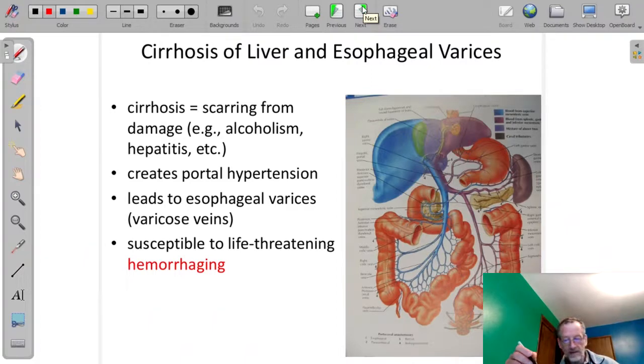so I want to spend some time going back and reviewing the hepatic portal system and talk about esophageal varices. So before we get started, first of all, looking at the figure on the right, can you find that chair that I was illustrating earlier? Can you find the two legs and the footrest and the back of the chair to get yourself oriented again?